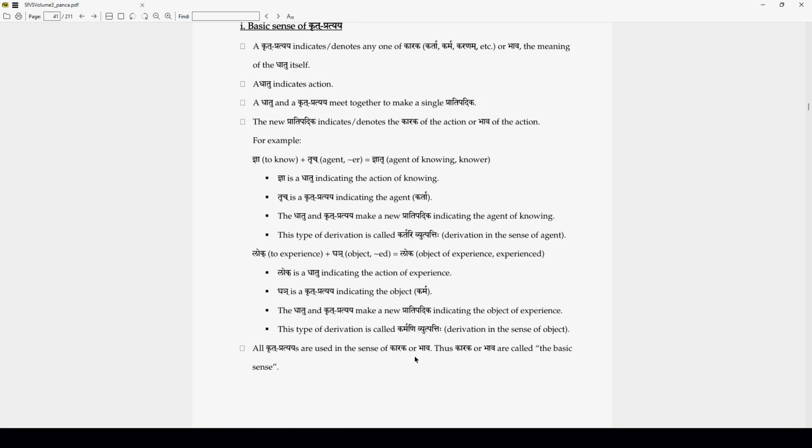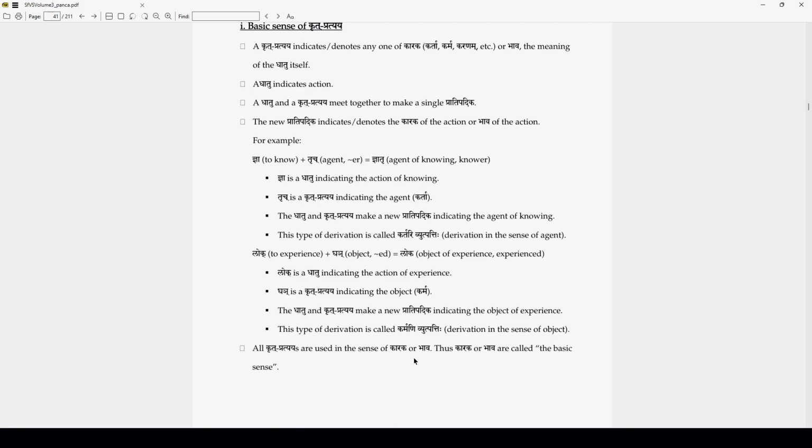Now, karaka means something which does, in the sense of doing. Or bhava. Bhava means the sense of the dhatu itself. Like, gamana kriya is there. So there is gamana. Gamana is a bhava. Gamana means the act of going, right? That is also a Kridanta padam. Gamana. Kridantam.